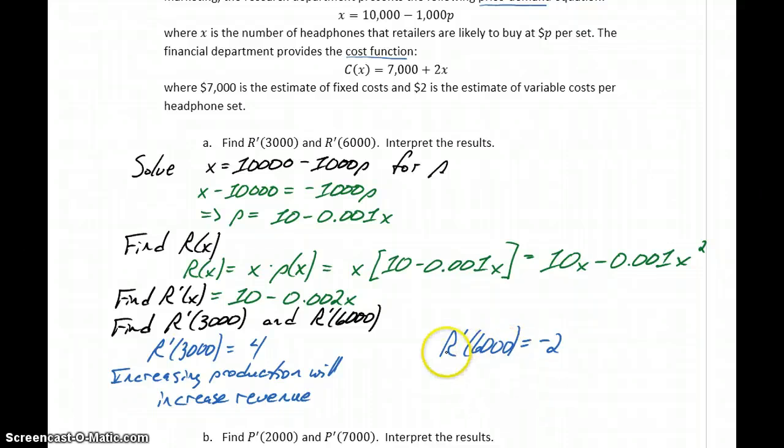If we look at that production level of 6,000, our marginal revenue is negative 2. So increasing production by one more unit would decrease our revenue by $2. So in this case, we would say that increasing production will decrease our revenue.